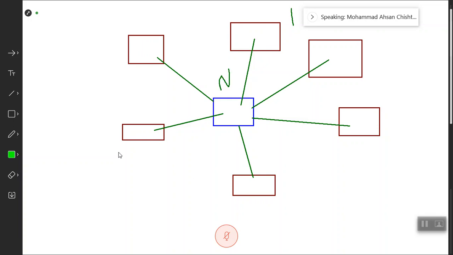I would simply term the hub as H. So between 1 and H, there is one point-to-point connection, between 2 and H, between 3 and H, between 4 and H, and so on. So if we combine all these point-to-point networks with the central hub, we form a star topology.